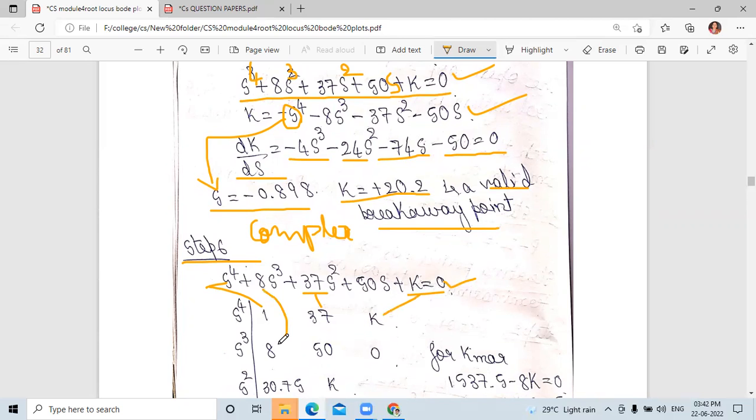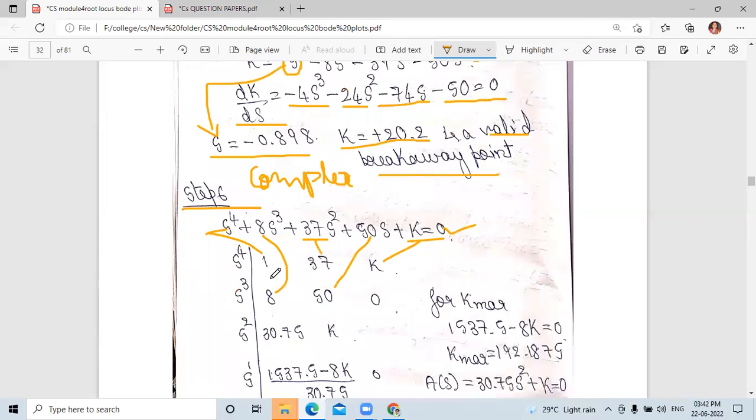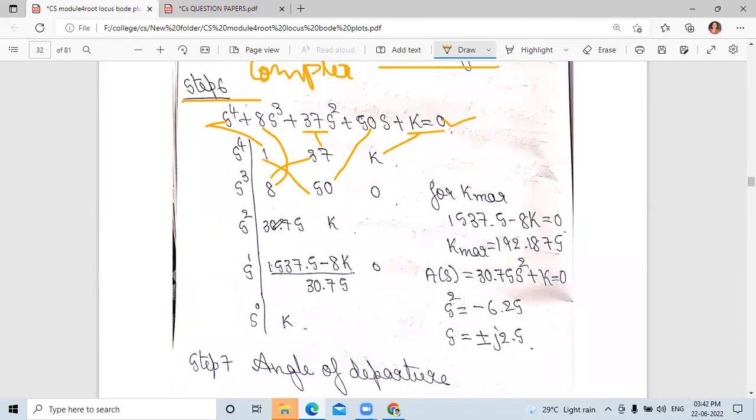Again, this 8 here and the 50 here. So next, 8 into 37 minus 50 into 1 divided by 8, that is 30.75. Next, 8 into k minus 0 divided by 8, so you will get the value k.